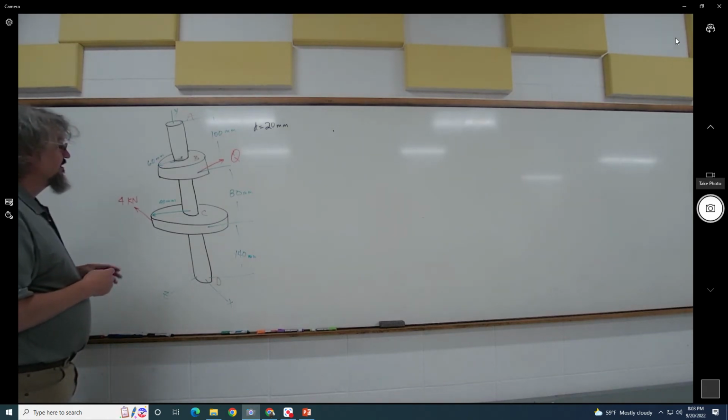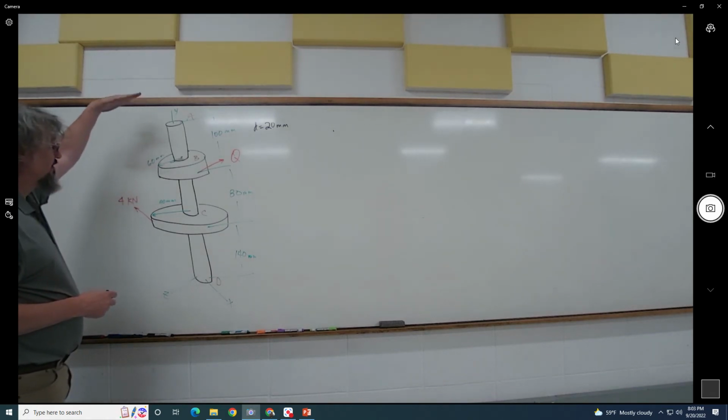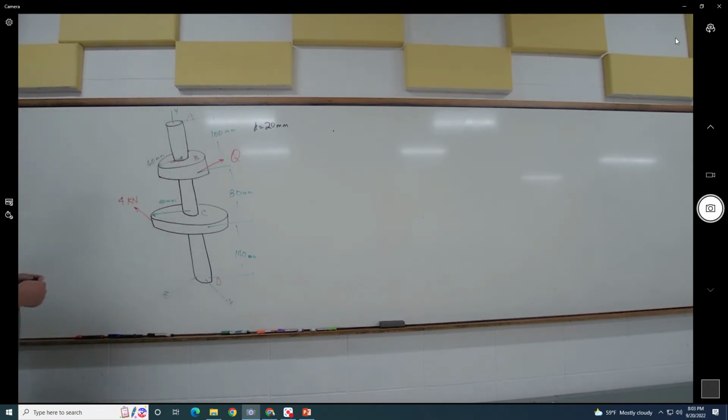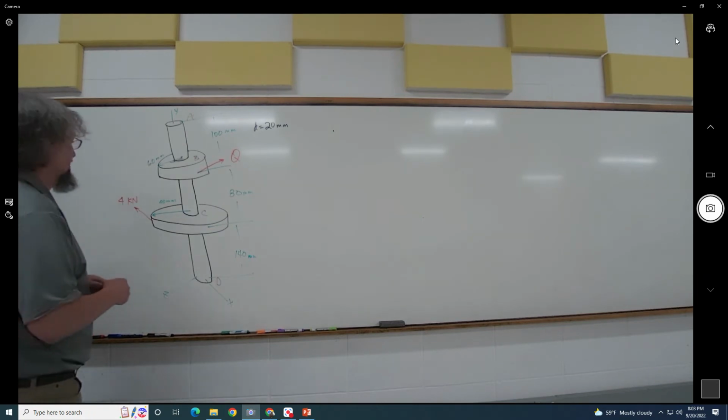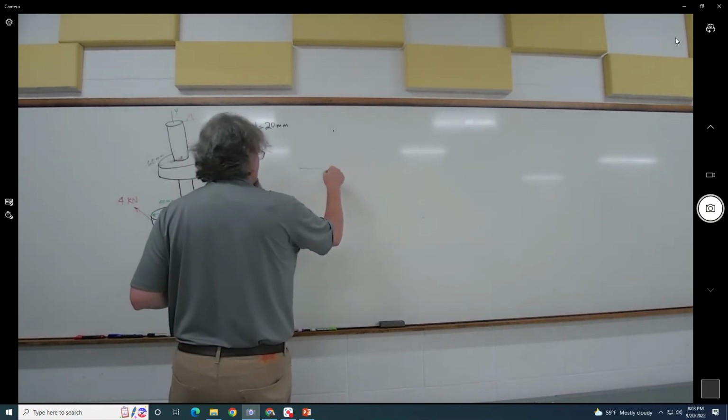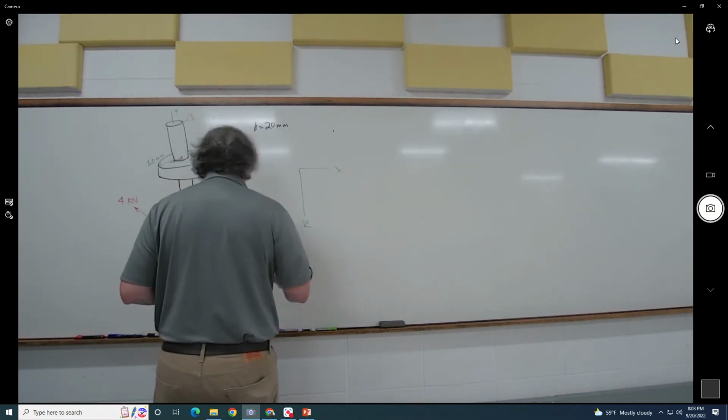In order to get that, we really would like to look down the shaft. So I guess looking from above makes more sense than anything else. So I will look down and make that the X and that the Z.